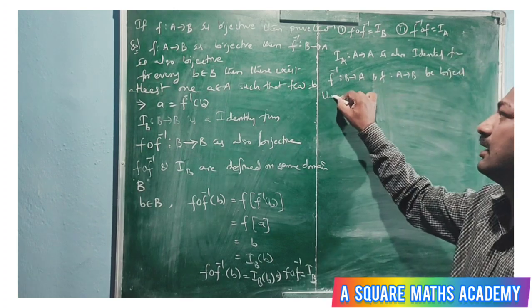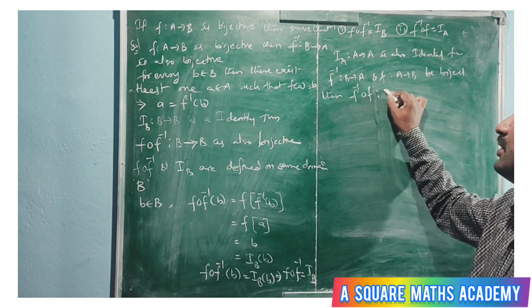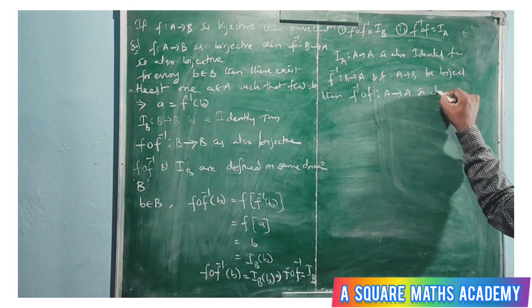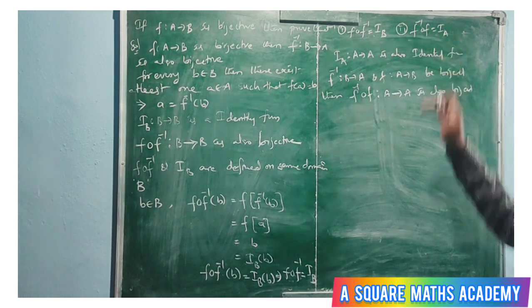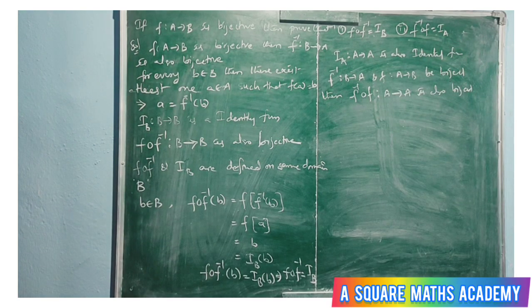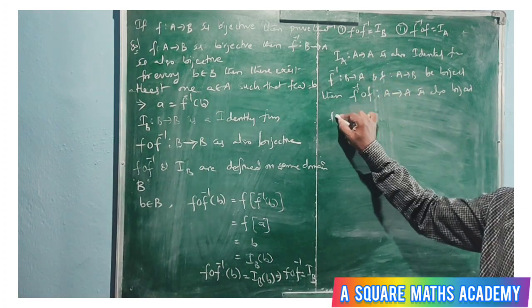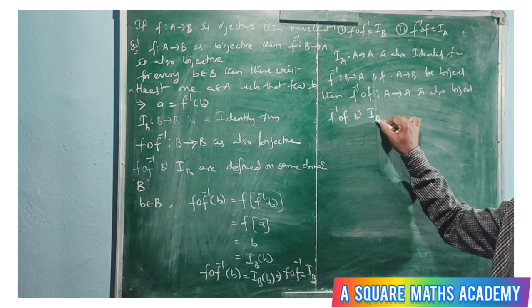Then combination of these two functions, f inverse circle f is mapping from A to A is also bijective. మనం ఈ రెండు ప్రూవ్ చేయాలమ్మా. అంటే f inverse circle f equals IA అని ప్రూవ్ చేయాలి కాబట్టి ఆ రెండు కూడా సేమ్ డొమైన్ డిఫైన్ అయింది.